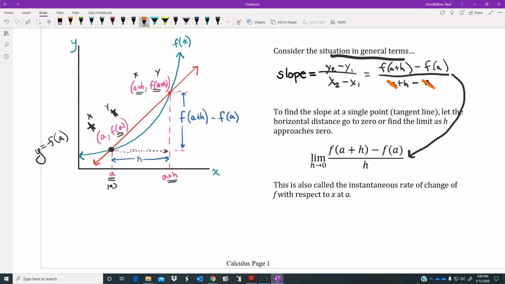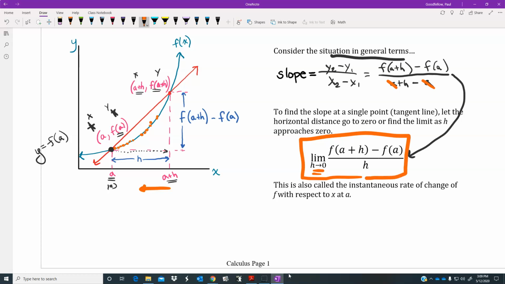Now, what's going to happen is this particular point is going to get moving closer and closer until it's actually on top of that 2.2 and 1 concept. Or better yet, I'm going to shorten the h and get it smaller and smaller and limit it out as it approaches 0. Okay, you see this right here?